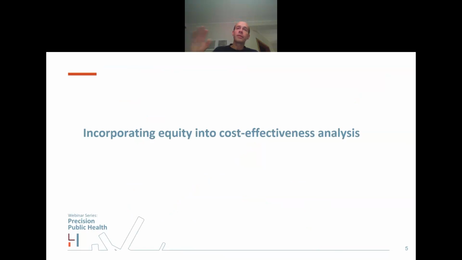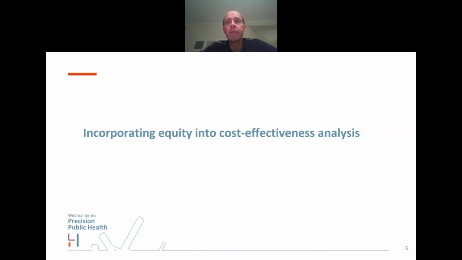Now, a big criticism of traditional cost effectiveness analysis, as I've just very briefly described it, is that it only looks at average health outcomes. It doesn't care about who benefits in terms of the health gains. Is it the poor? Is it the rich? Someone in between?